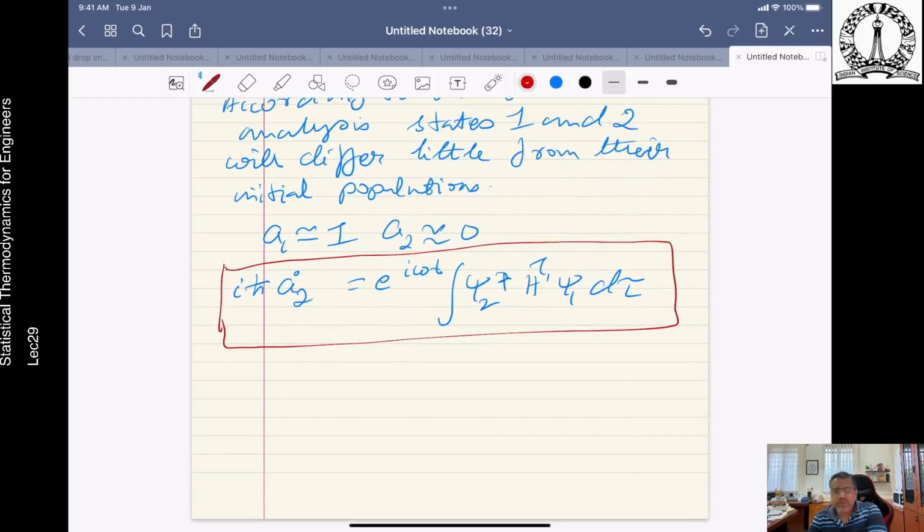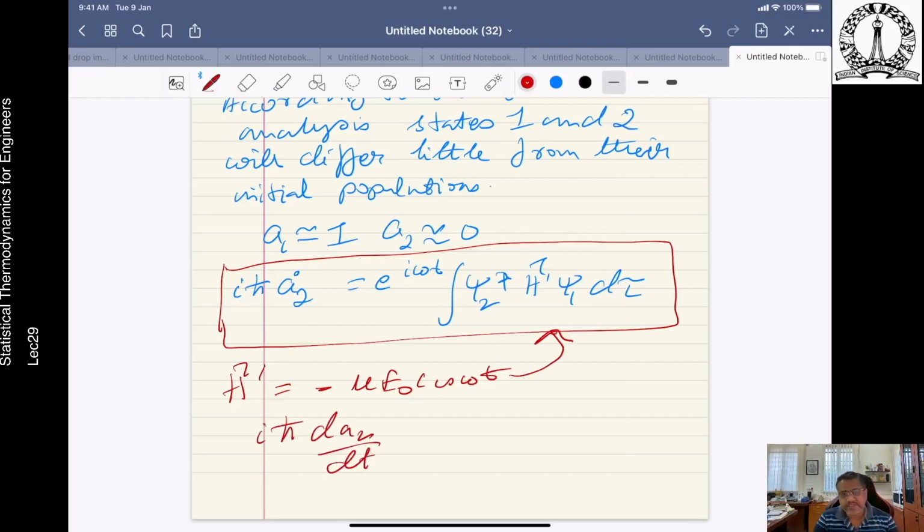Now if you substitute the expression for H hat prime, which is equal to minus mu E naught cos omega t, here, what you get is i h bar dA2 by dt is equal to M12 E naught e to the i omega t cos omega t.